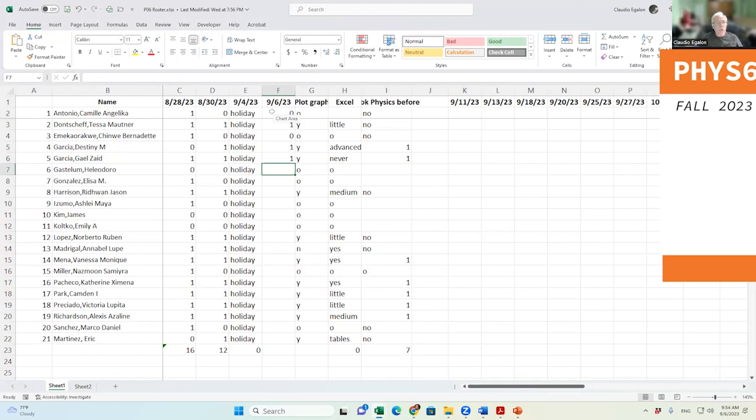I don't see Eleodoro. Next is Elisa Gonzalez. I don't see Elisa here. Next, Ridwan Harrison. Ridwan is here, right? Yeah, thank you, Ridwan. Ashley Izuma.